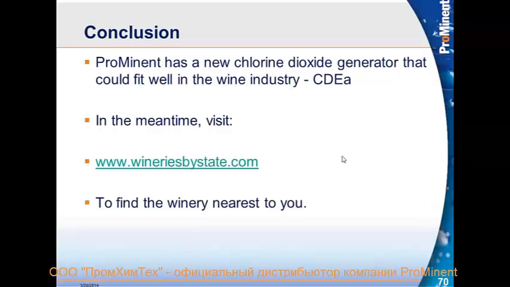So keep in mind, Prominent does offer tanks. We can color code the tanks for the precursors, as well as offer a tank to hold the made-up solution of chlorine dioxide at a certain concentration for you, and then a pump to pump it into the process at whatever concentration you might need.